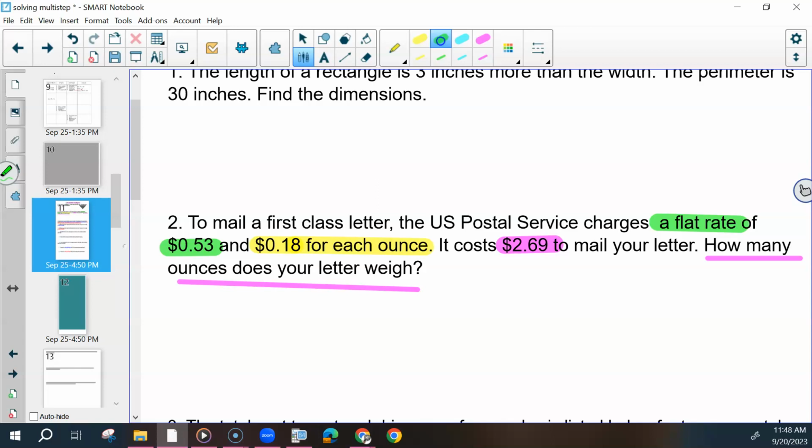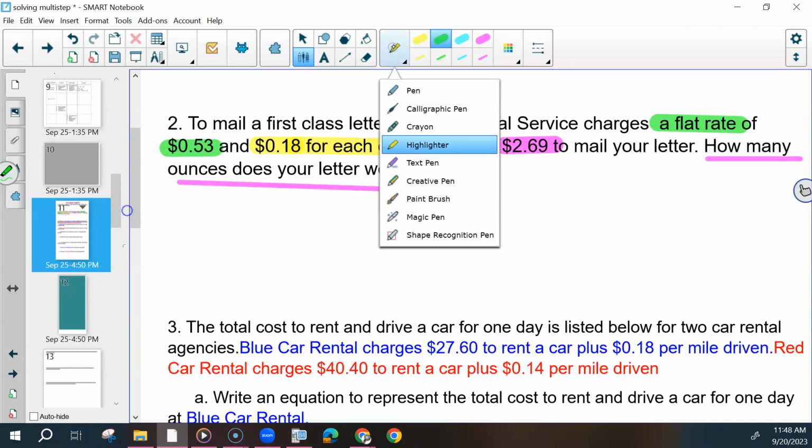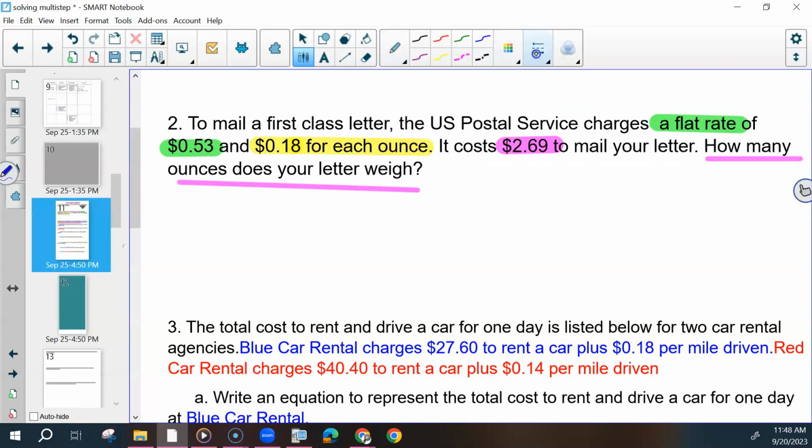in our equation. Now, in order for it to go with the variable, we need a variable. So you can pick whatever letter you want. I would say stay away from O, because you might confuse it for a 0, and T, because you might confuse it for a plus.